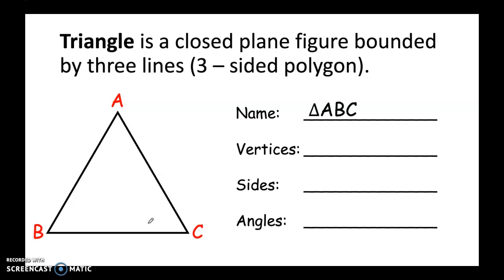What are the parts of the triangle? We have three vertices, three sides, and three angles. So let's name all the parts of the given triangle.